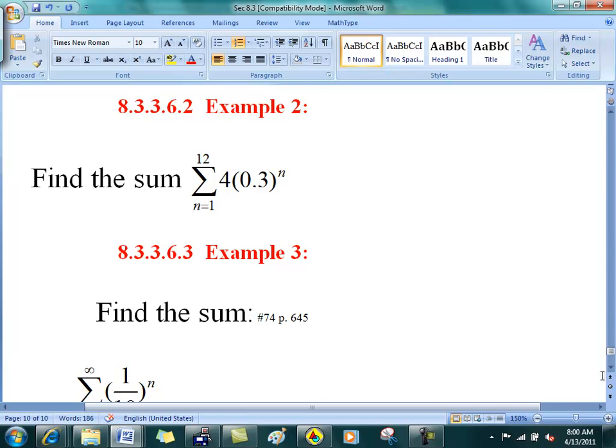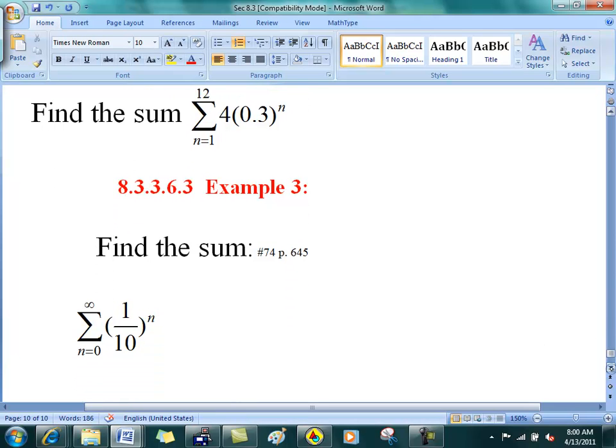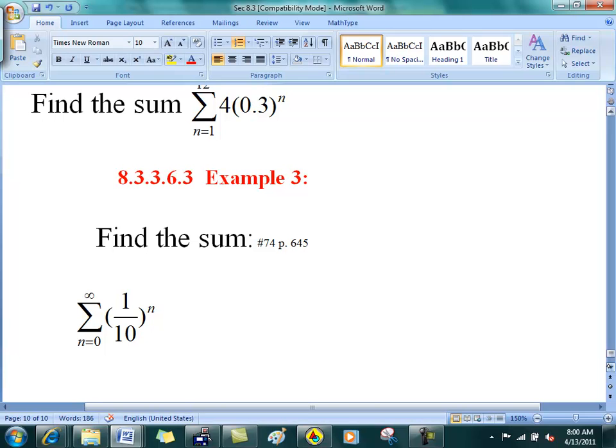Okay, last problem, and then we are done. This is an infinite sequence. N was 12, because here's n equals 1, and when you go down, this is 4 times 0.3 to the 1. So n is 1, n is 2, all the way to n is 12.